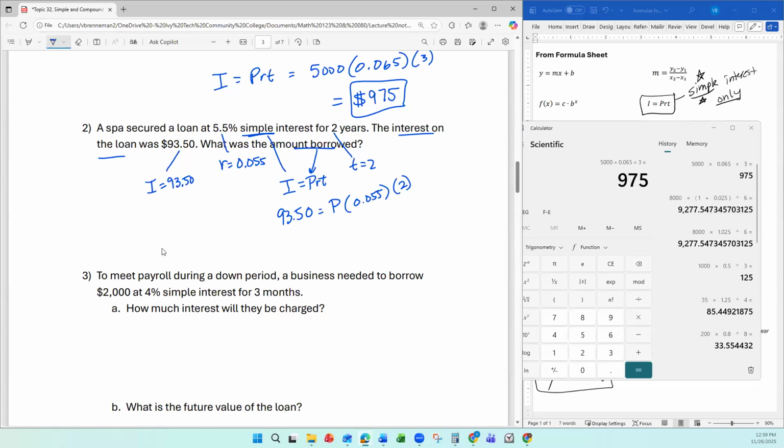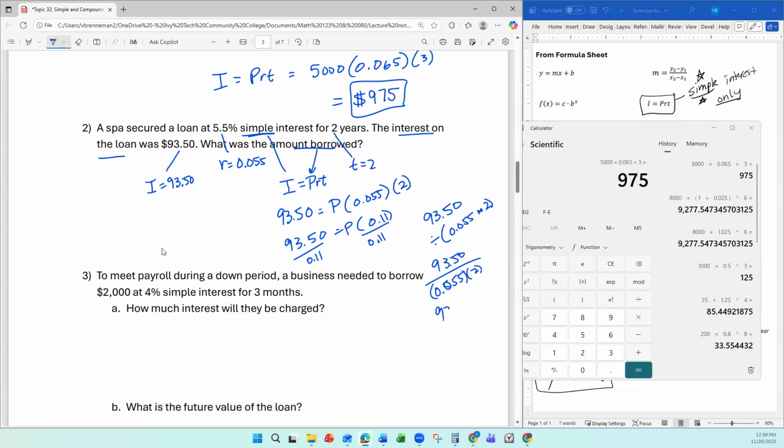Various ways you could solve that. You could get 93.50 equals P times 0.11 and then divide both sides by 0.11. You could take 93.50 divided by parentheses 0.055 times 2. You could take 93.50 in fraction form over 0.055 times 2.